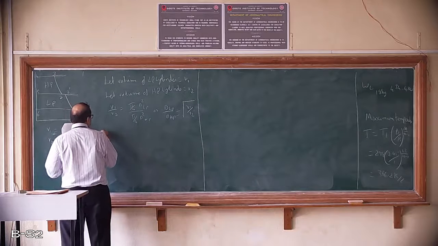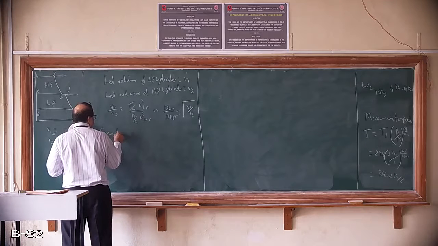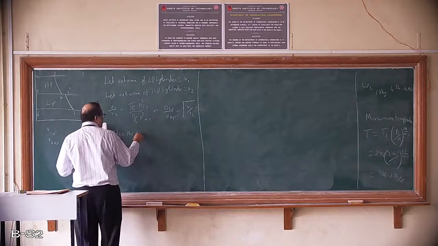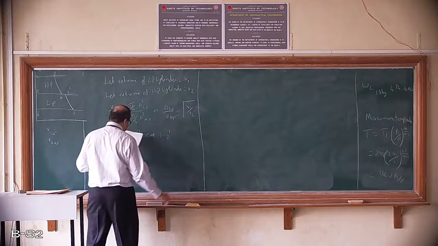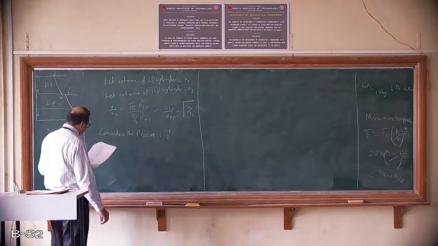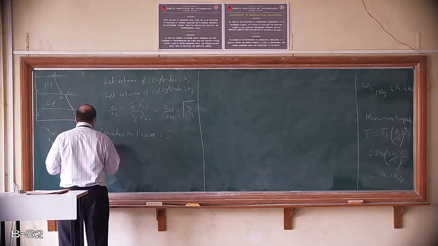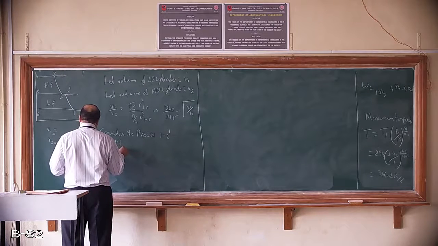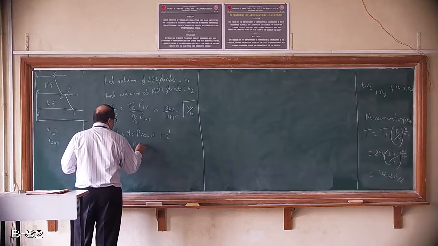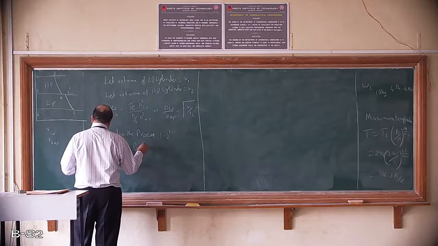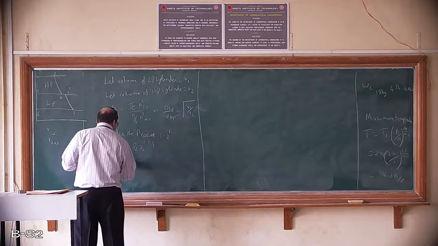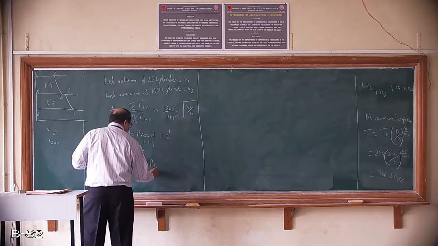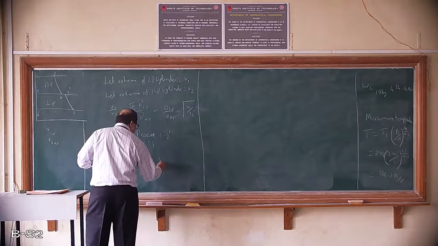Now consider the compression process 1, 2 dash. So P1 V1 to the power of 1.3 is equal to P2 V2 dash to the power of 1.3, or V1 by V2 dash is equal to P2 by P1 to the power of 1 by 1.3.